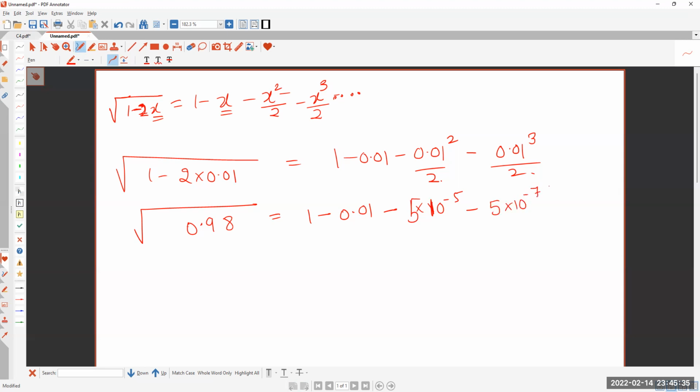So 1 minus 0.01 minus 5 into 10 raised to minus 5 minus 5 into 10 raised to minus 7. That gives 0.9899495. Let me see whether that is correct.